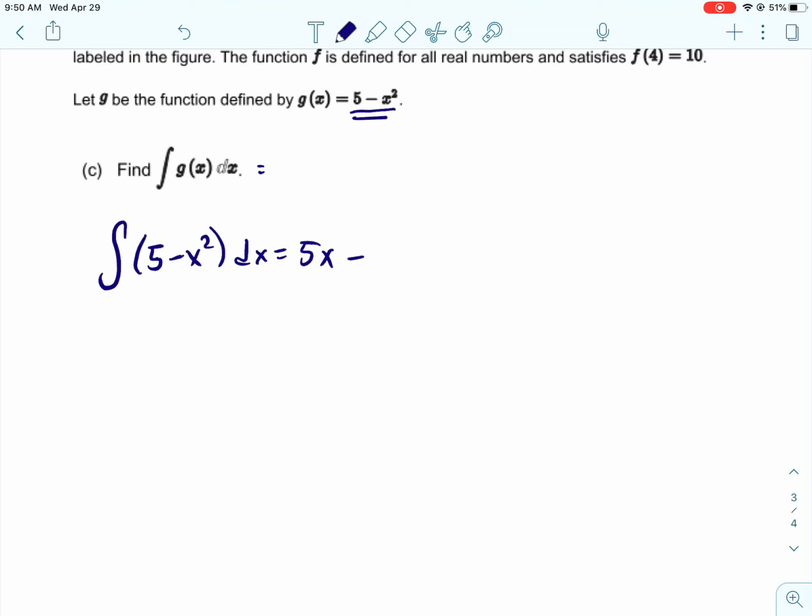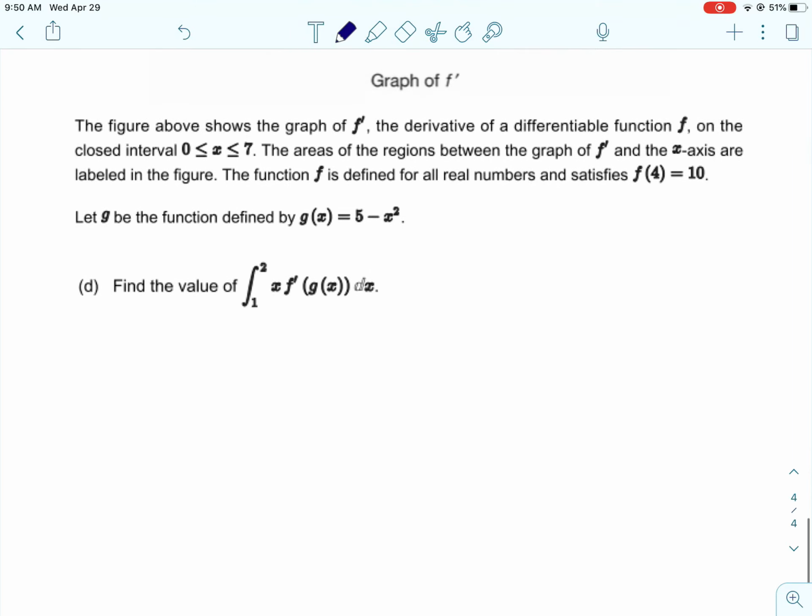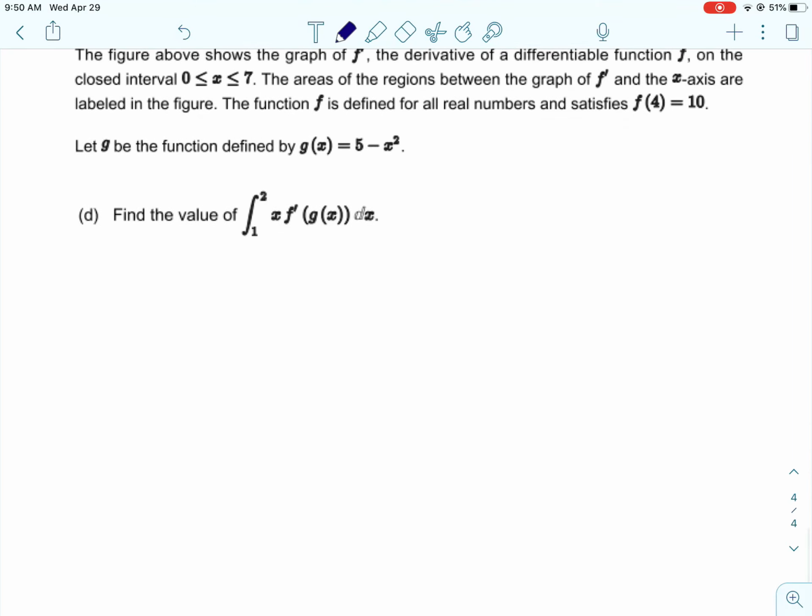So I'll just go ahead and rewrite it. So the integral of 5 is going to be 5x. All right, and then we're going to add 1 to 2, and that's going to be 3, so we divide by that, and that's our new exponent. And then don't forget your plus c, please. You get no point without the c.